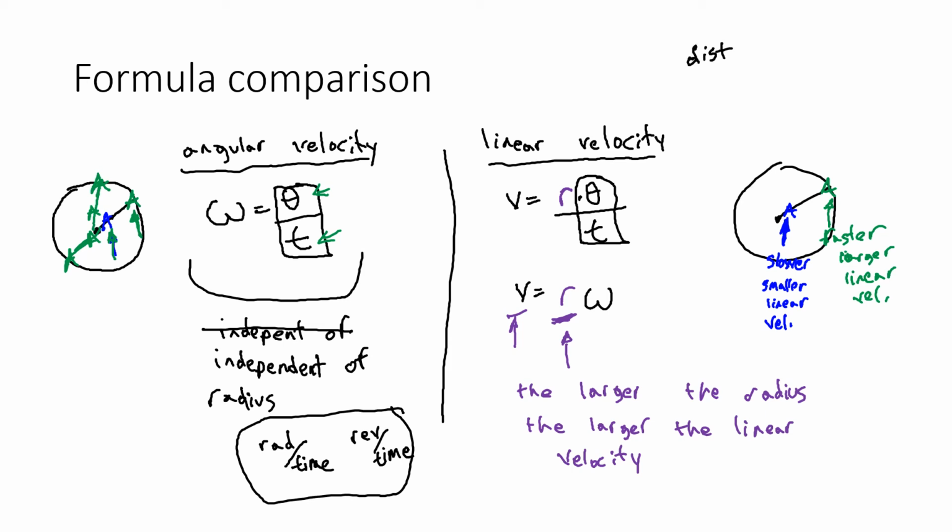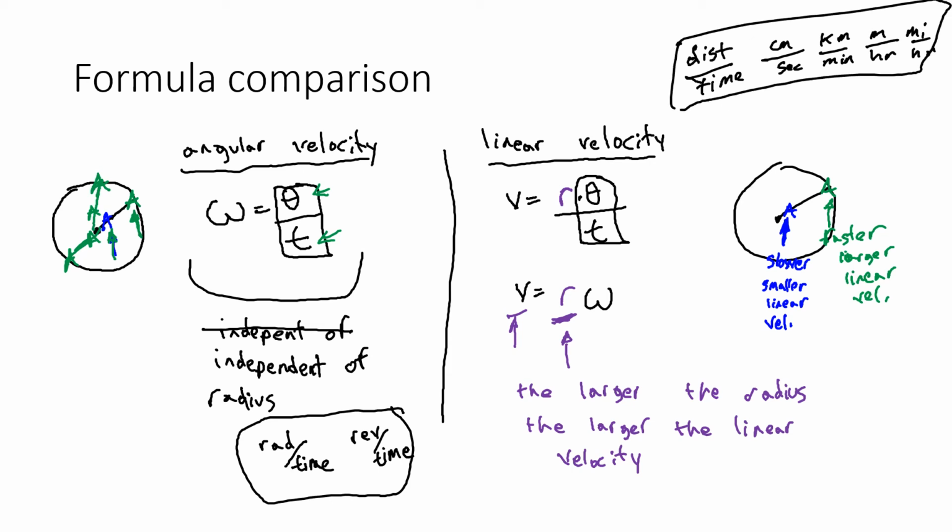Could be centimeters, could be kilometers, could be meters, could be miles, whatever it is, over some unit of time. So it could be seconds, could be minutes, could be hours, we don't know. But all of these units would tell us that we are dealing with linear velocity.